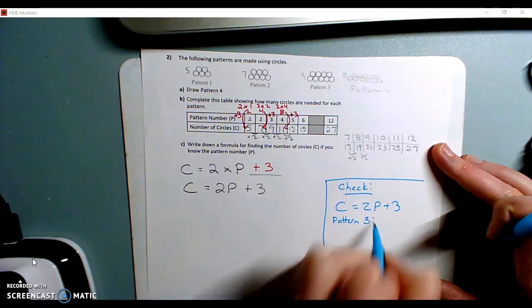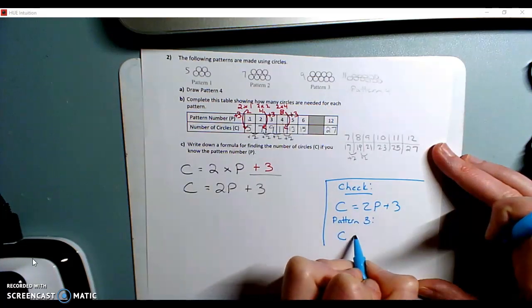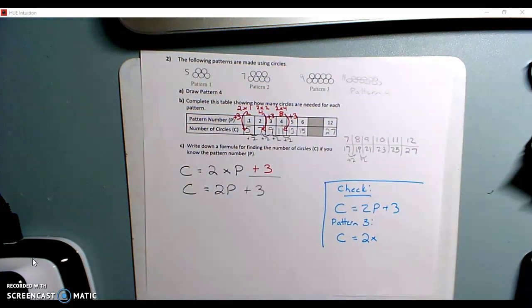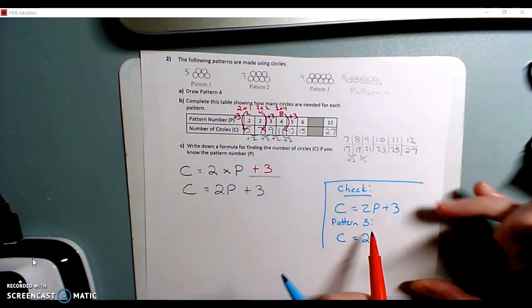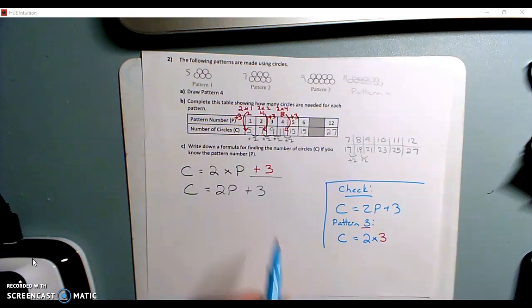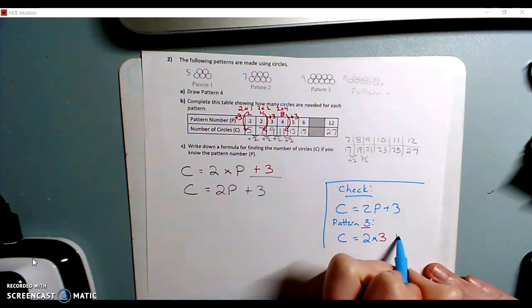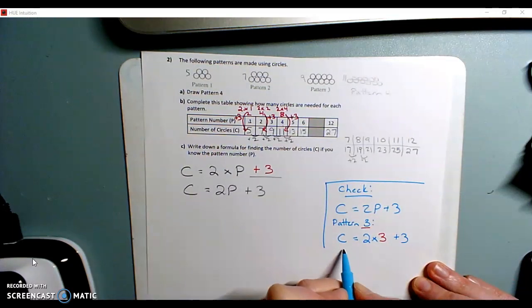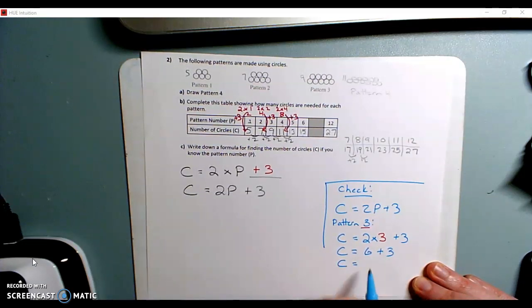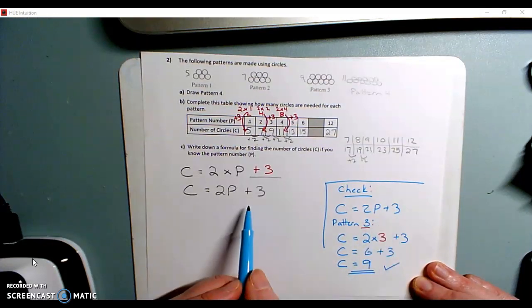So to get the circles, we take 2 and we multiply it by our pattern number. So 2 times 3. And then we have to add 3 onto that. So let's check. C equals 2 times 3 is 6, plus 3. So circles is 9. So it does work, this formula, so I know that it's correct.